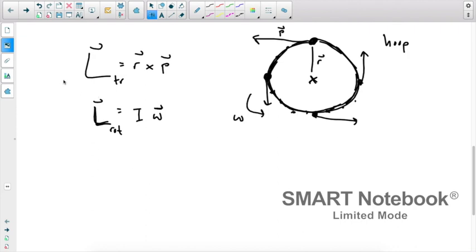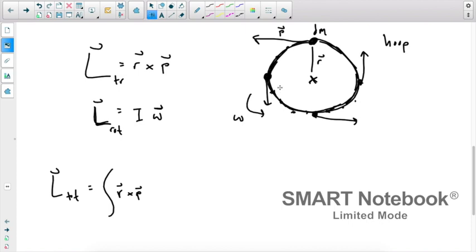And so I would say, therefore, that the total angular momentum of this rotating wheel could be the integral of r cross p for each of these little tiny mass pieces. And I can say that each infinitesimally small piece of this wheel has a mass of dm.